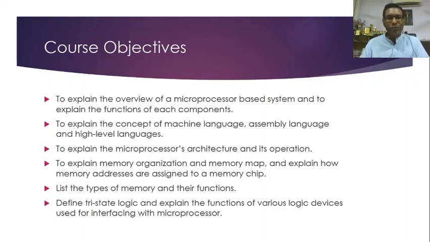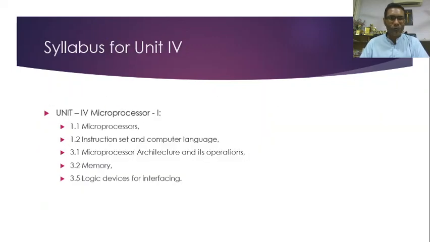A microprocessor based system always uses a memory, so we will understand about the memory organization, memory map, how memory addresses are assigned and what are the types of memories. And lastly, we shall study about some logic devices which are interfaced with the microprocessor, which are connected with the microprocessor. So these are our course objectives for this course.